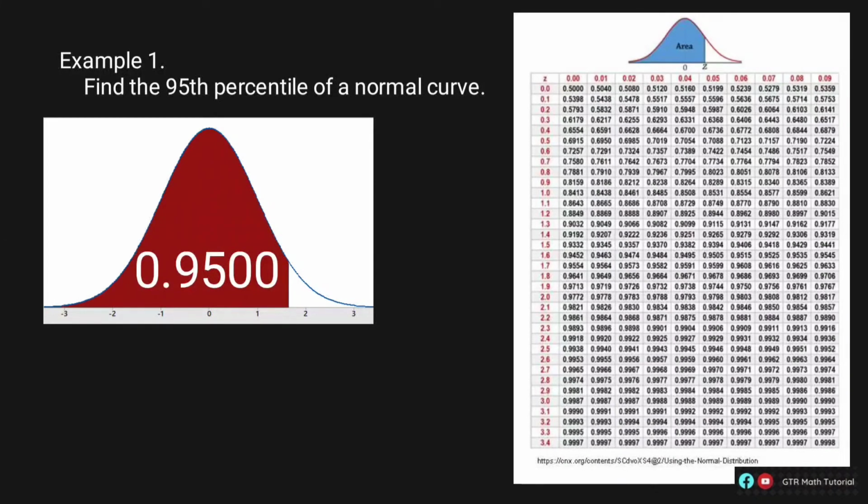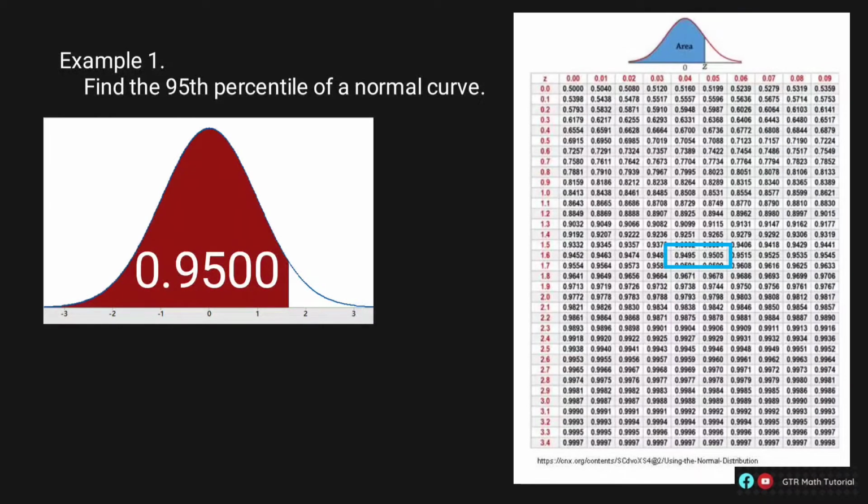Okay, so use this table, hanapin natin yung area na 0.9500, yung pinakamalapit. So dalawa yung pinakamalapit sa 0.9500, that is 0.9495 and 0.9505. So kuhanin natin parehas dahil parehas yung layo niya. Yung isa ay kulang ng 0.0005, yung isa naman sobra ng 0.0005. Okay, so ano yung corresponding z-scores ng dalawang area na yan?